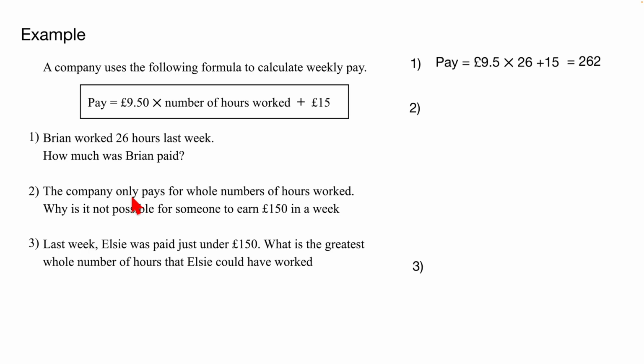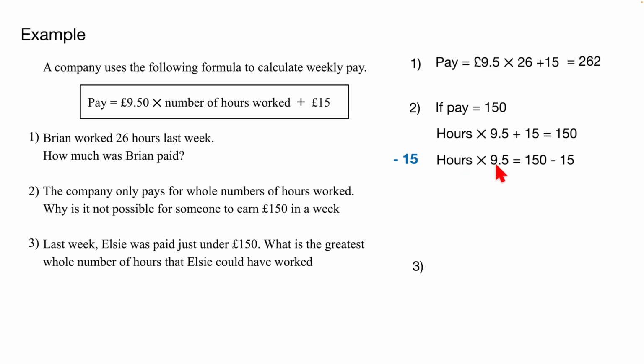The company only pays for whole numbers of hours worked, which I think might be illegal. But anyway, why is it not possible for someone to earn £150 in a week? If the pay is 150, we know that the hours worked times £9.50 plus 15 is 150. So we can take away the 15.